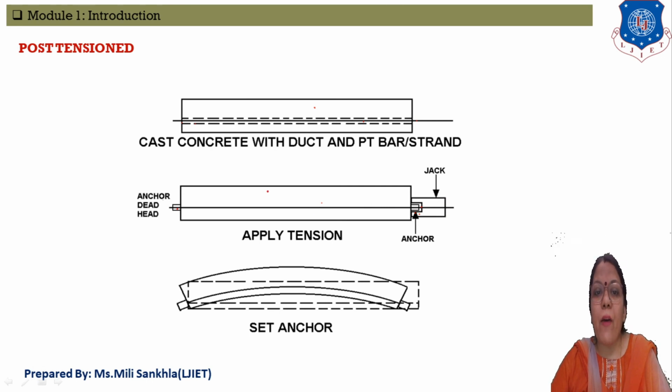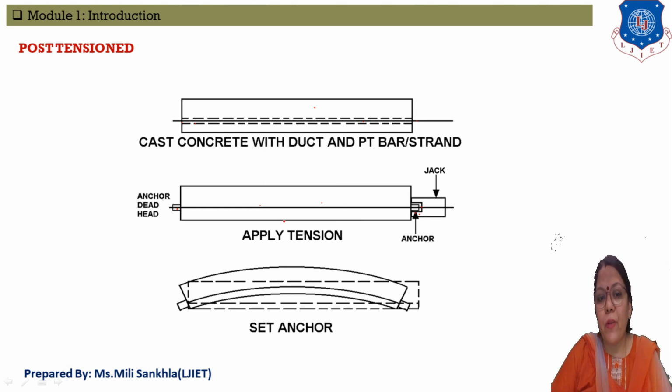After hardening of concrete, the cable, tendons and strand are given tensile or stretching force with the help of this jacking. After this, what will happen? The pre-stress of one member is transferred to another member, just the reverse of reinforced cement concrete.